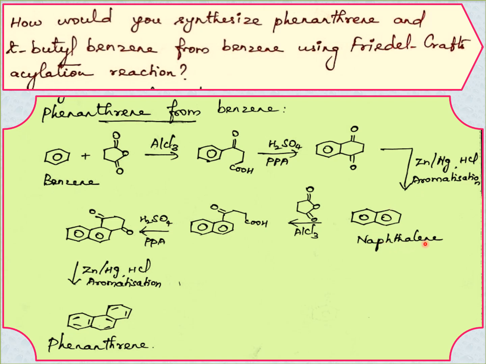It renders naphthalene formation. And again, on reaction with succinic anhydride in the presence of aluminum chloride, it further undergoes the acylation reaction at the C1 position of the naphthalene to provide this open chain compound, and we cyclize it through PPA and sulfuric acid, that is, polyphosphoric acid and sulfuric acid.